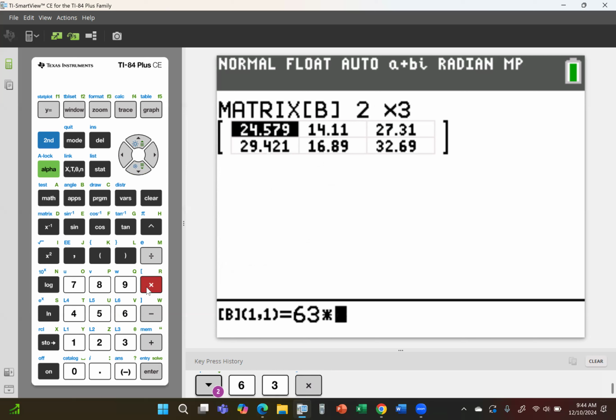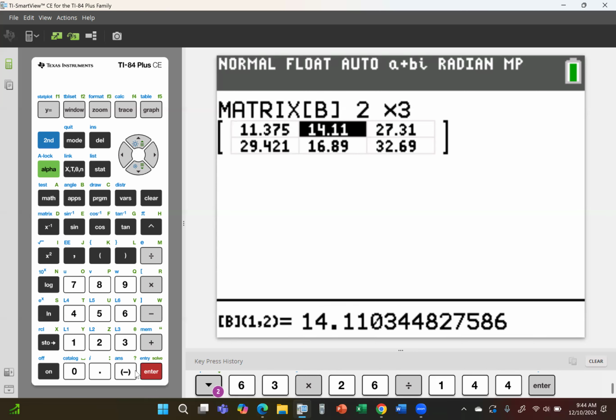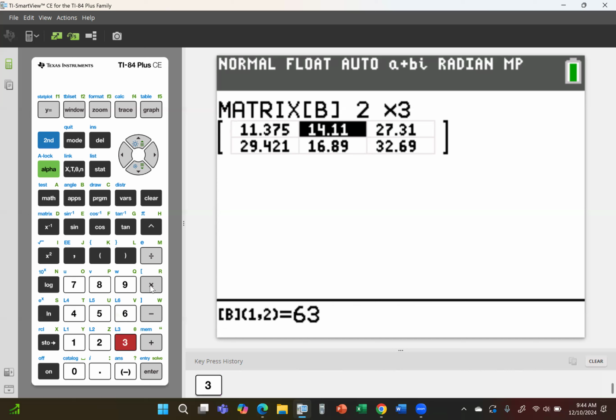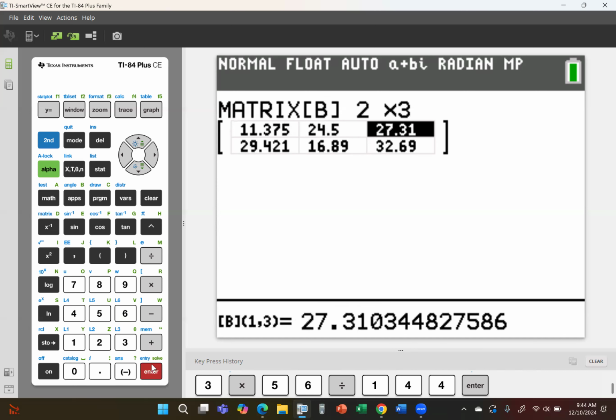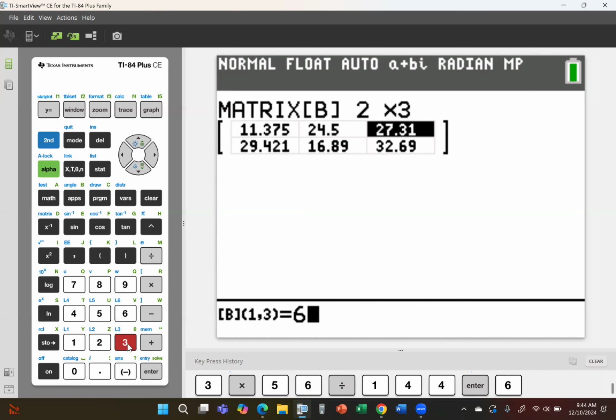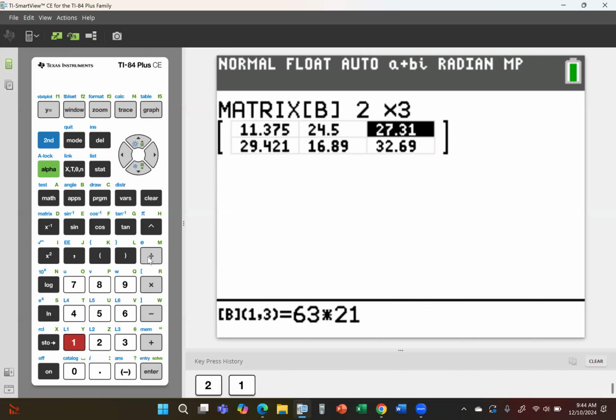Times the column total, which was 26, divided by the total, which was 144. Okay, then we do the row total, 63, times the column total was what, 56, divided by the total, which is 144. And then that last column, the row total was 63. The column total was 21, divided by the total, which was 144.